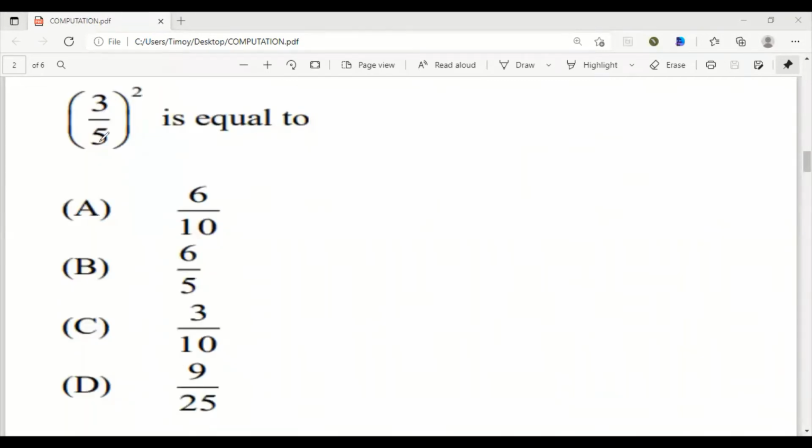3 over 5 all squared is equal to what? What is this square telling us? This square is telling us how many times we must multiply the base. So what this means is that 3 over 5 all squared is going to equal 3 over 5 in brackets times 3 over 5.